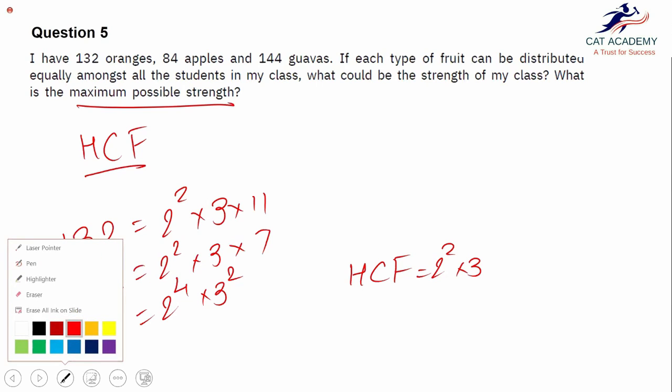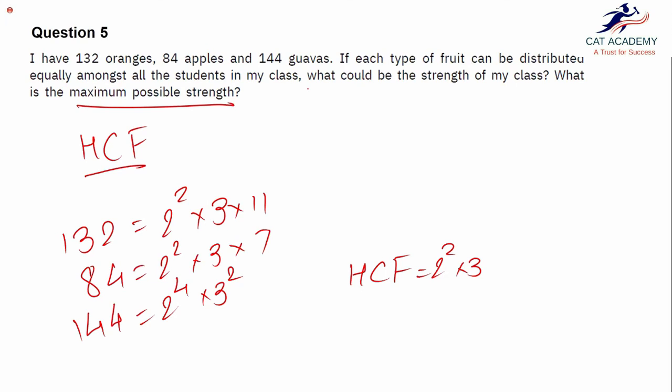That is 12. So if my HCF is 12, then what is the possible class strength? All the factors of 12 will also be my common factors. Like 1 is there, 2 is there, 3 is there, 4 is there, 6 is there, and 12 is there. These are the factors of 12. 12 is the maximum possible class strength.